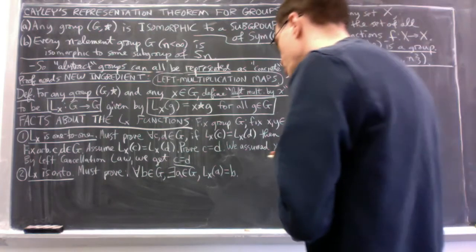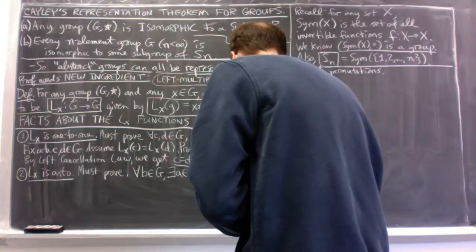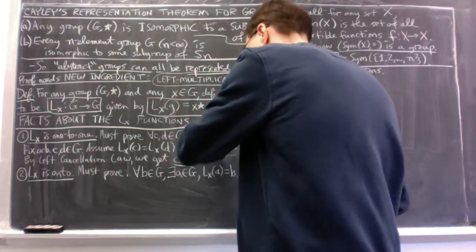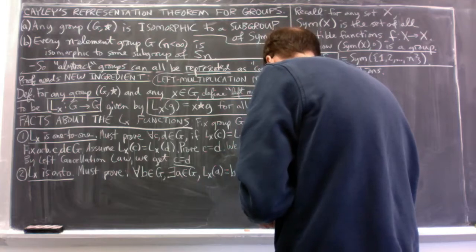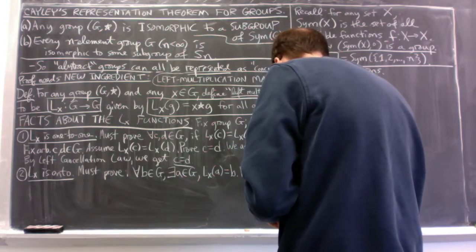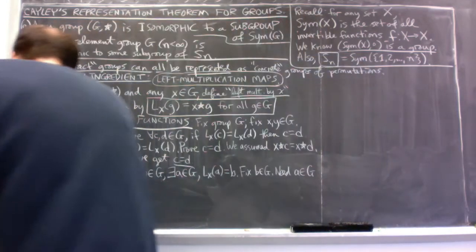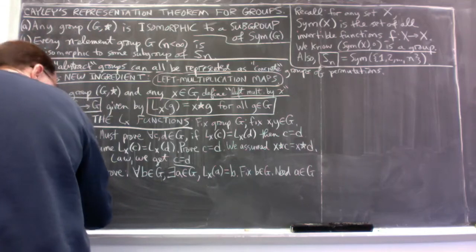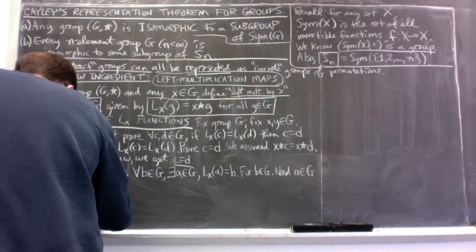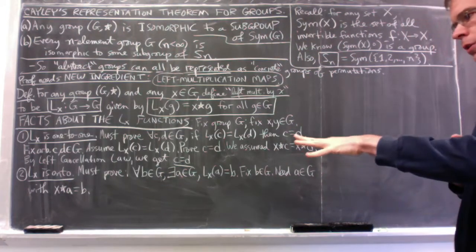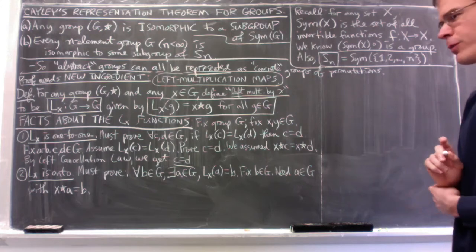Okay? Well, so fix B. X was already fixed earlier. And so what we need is to find an A in G. Keeping in mind the formula, we have to find an A such that x star A is equal to B. And this is actually unique solvability, although the letter names have been reversed maybe.